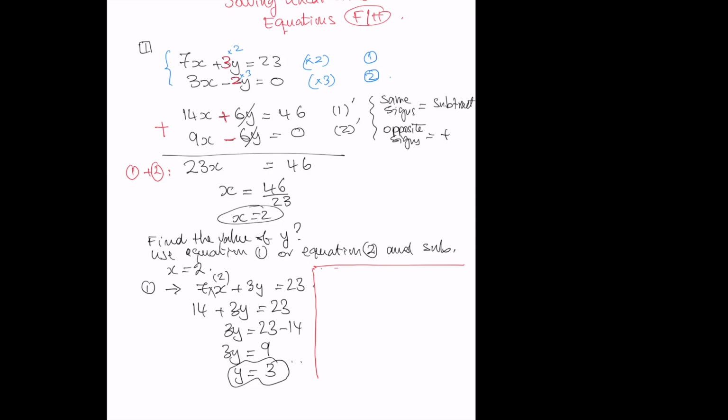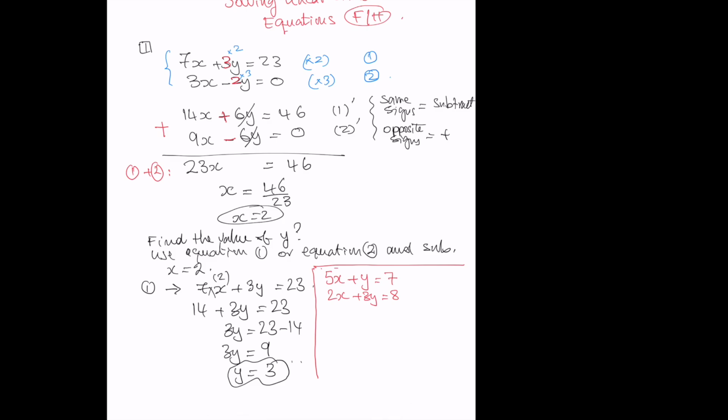Let's say, for instance, 5x plus y equal to 7, and 2x plus 3y equal to 8. Okay? So let's do it quickly.